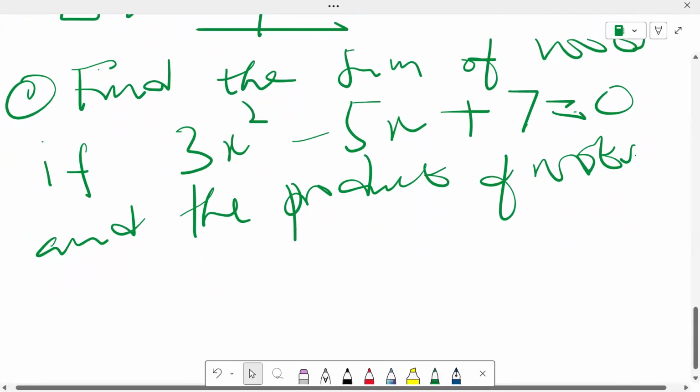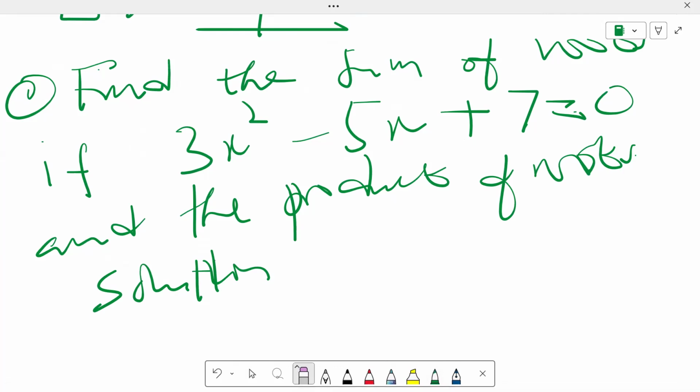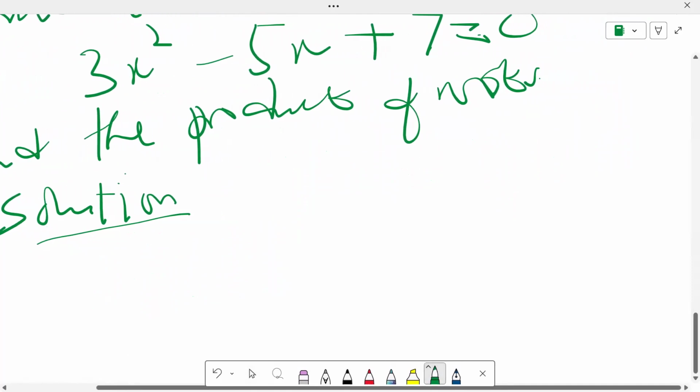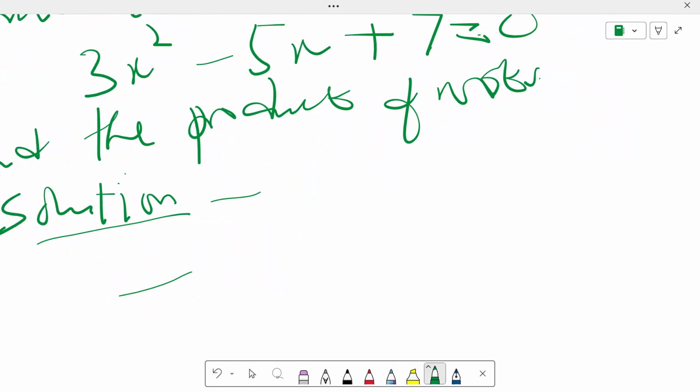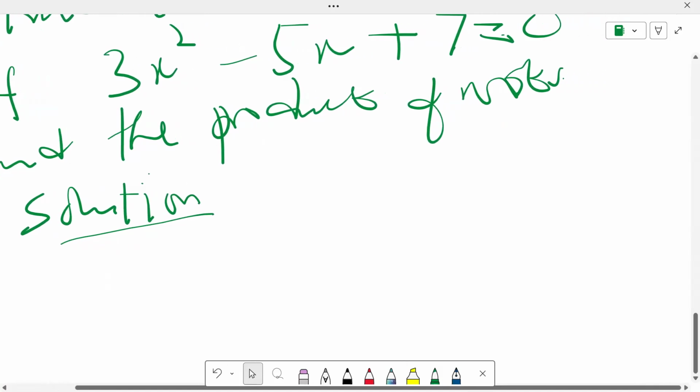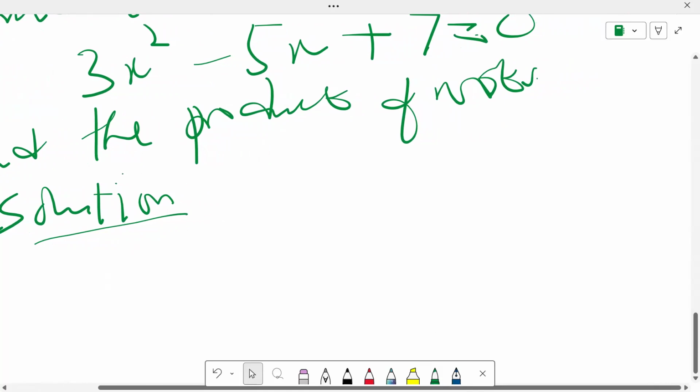So we say right away, solution. The equation under discussion is 3x squared minus 5x plus 7 equals 0.